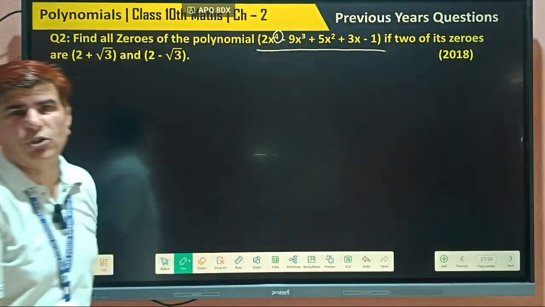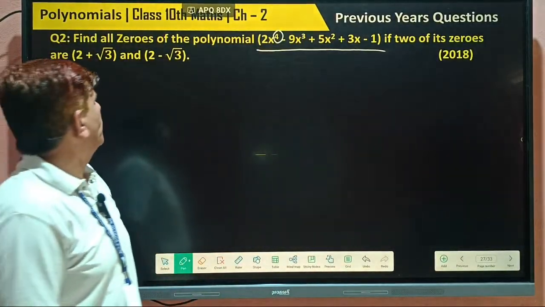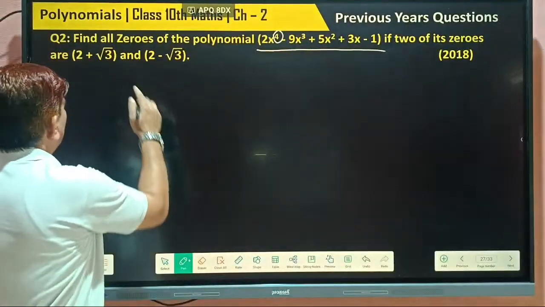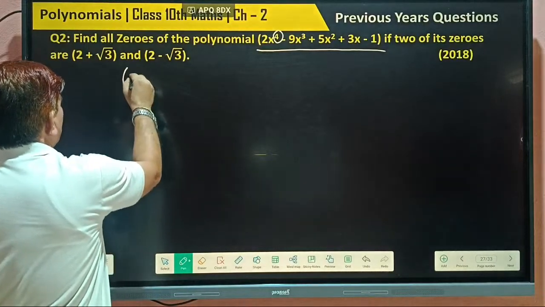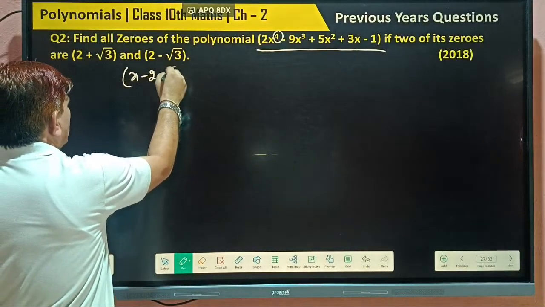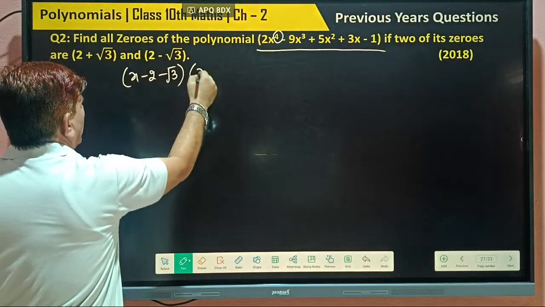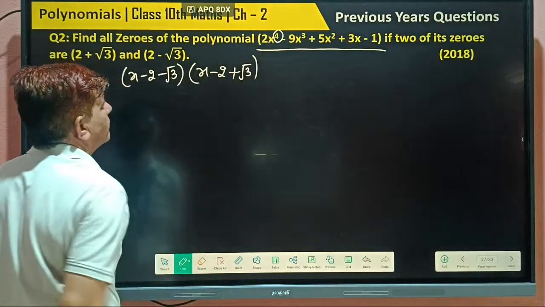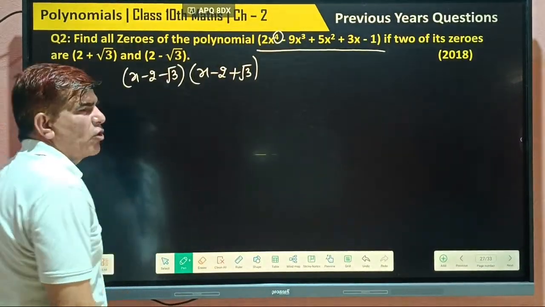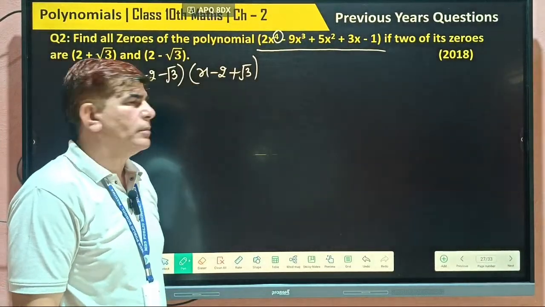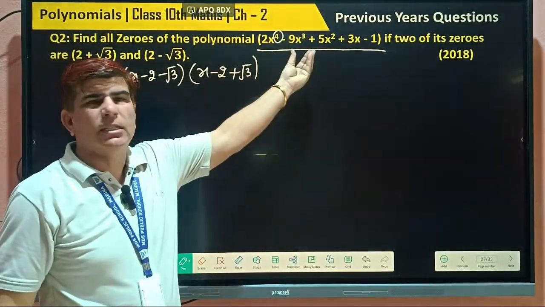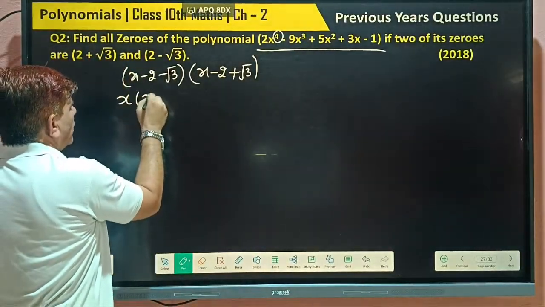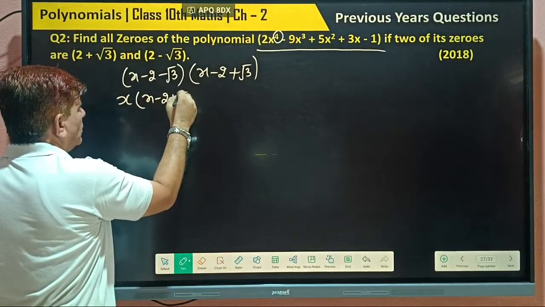Sometimes this type of question comes. If two of its zeros are these, then what can we say? x minus 2 minus root 3 and x minus 2 plus root 3 is a polynomial which divides this completely. So we can solve: x taken common, so x minus 2 plus root 3.